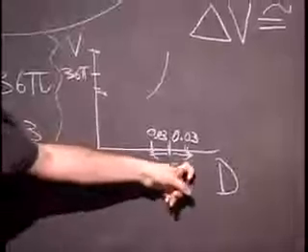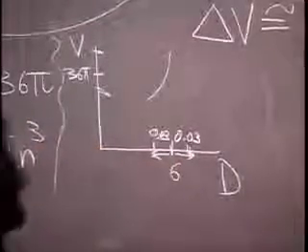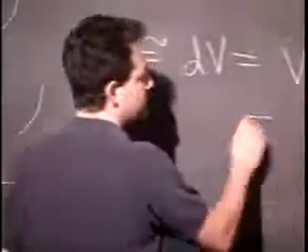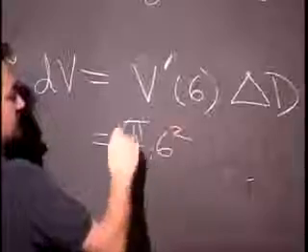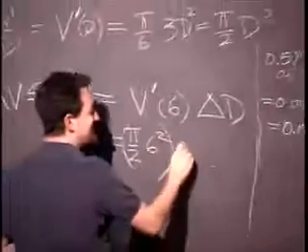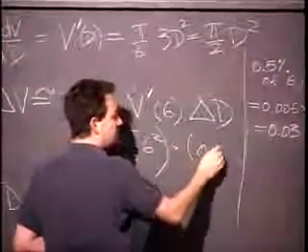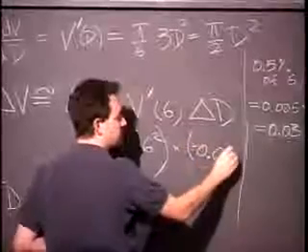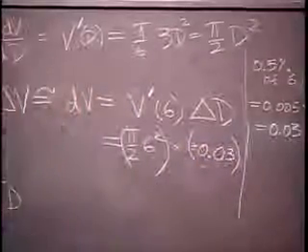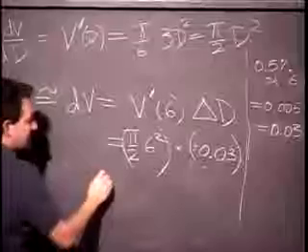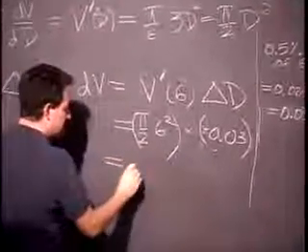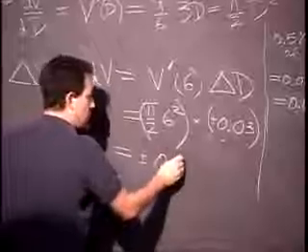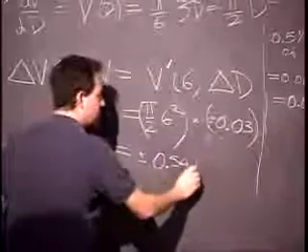So the true value is somewhere between 5.97 and 6.03. But in any case, in this formula here, I can take V prime of 6 as pi over 2 times 6 squared. And I can take delta D as plus or minus, if you like, 0.03. And I will get as an answer, it turns out this is 36 over 2, so it's plus or minus 0.54 pi.